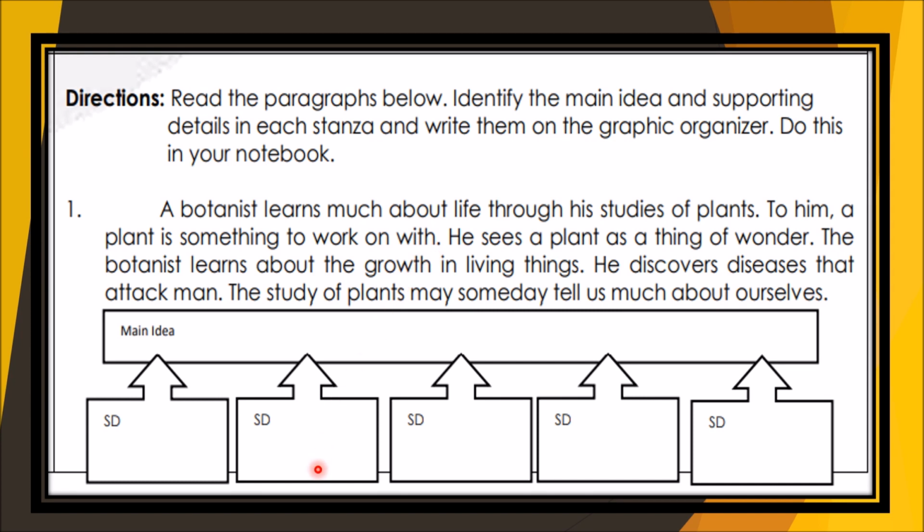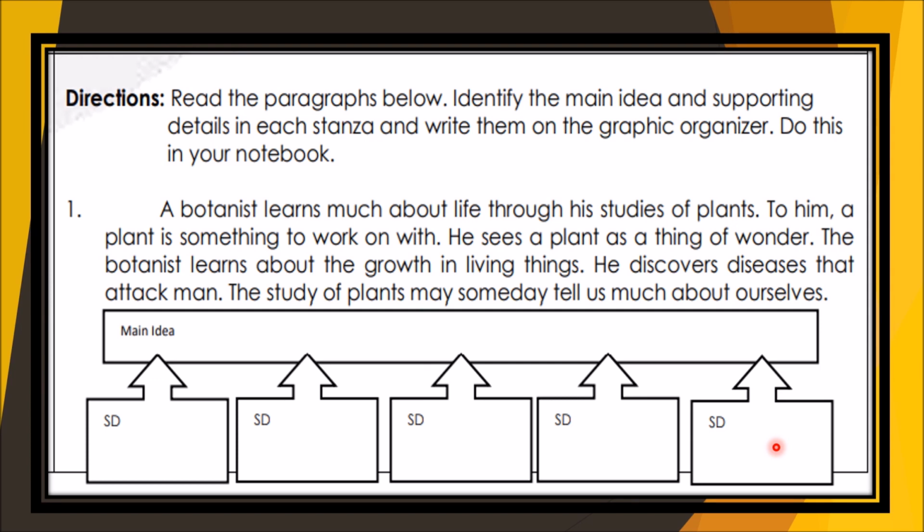The next supporting detail: he sees a plant as a thing of wonder. How about the third one? The fourth one? And the fifth? Take note that supporting details support the main idea for more understanding. It's your time to answer, okay?